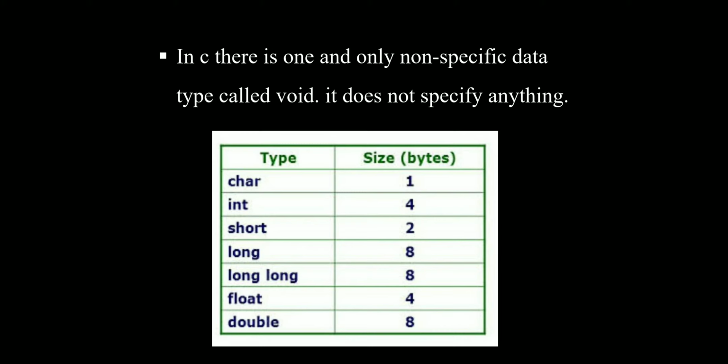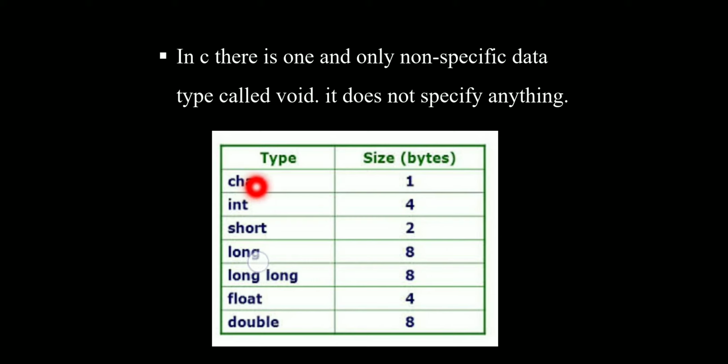In C, there is one and only non-specific data type called void. It does not specify anything. Here are some data types along with their sizes. The char data type has a size of 1 byte. 1 byte means 8 bits equal to 1 byte.